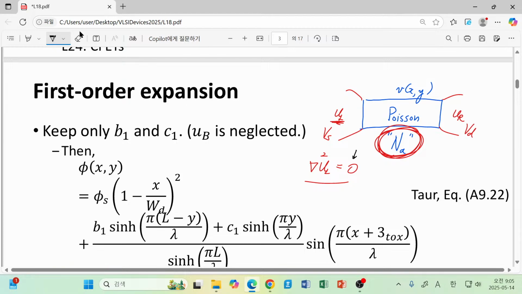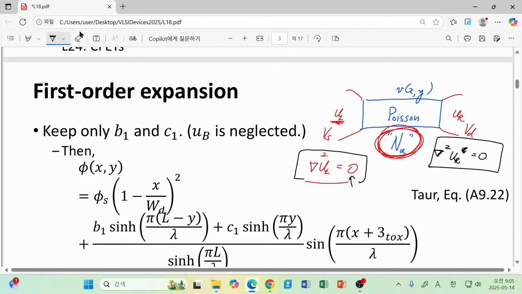If it is non-zero, we call it a Poisson equation, and when this source term becomes 0, we call it the Laplace equation. Certainly, we must solve the Laplace equation for this left side function and also for our right side function.